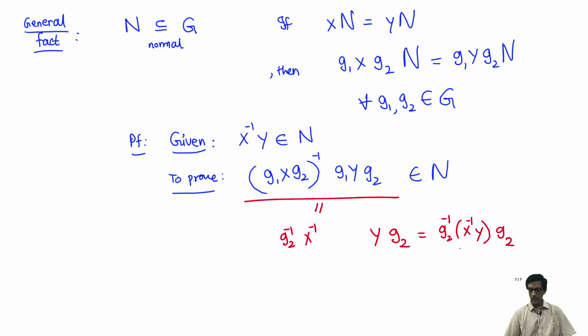And observe, x inverse y was already in N, that's the given data, and this is just a conjugate of that. Because N is a normal subgroup, when you conjugate an element from N, it's again in N. So this is obviously in N. So we are done. Okay, so this little general fact is very useful. It says that once I know two elements are representatives of the same coset, then hitting stuff on the left and the right will again produce two representatives of the same coset.